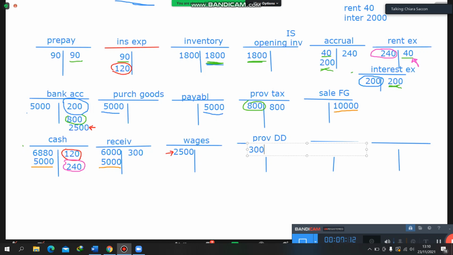So I can't do it again in the new period. So I use the provisions for doubtful debt. In that way, I'm not touching something that is going into the new income statement. I wrote provisions, and less receivables.